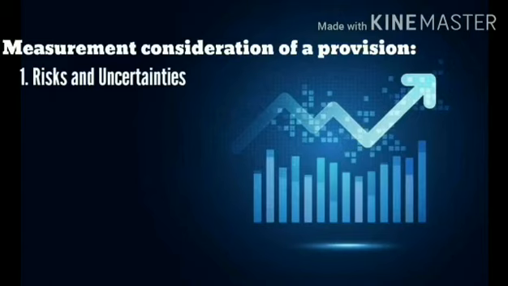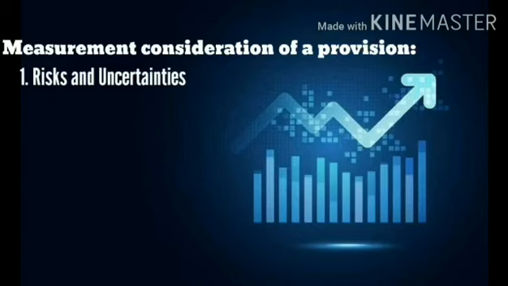And since naay uncertainty, kay tungod estimated ra, di pa ta sure kung pila atong bayaran or kanus-a bayaran, so kailangan gyud nato i-involve ang risk of uncertainties. So risks actually describe the variability of the outcome because since wala pa decision ang judge, see to it na walay mahitabong certainties, tanan is uncertain.